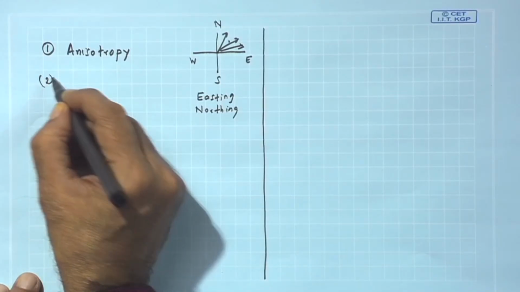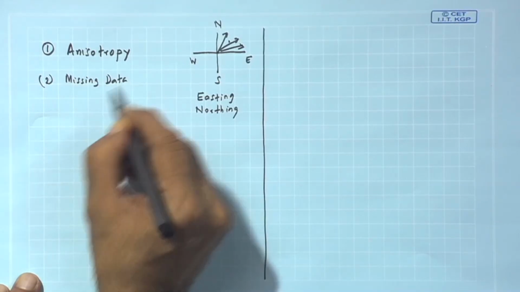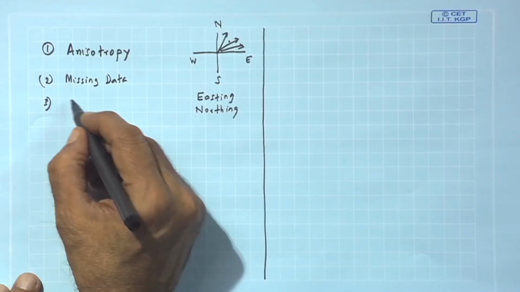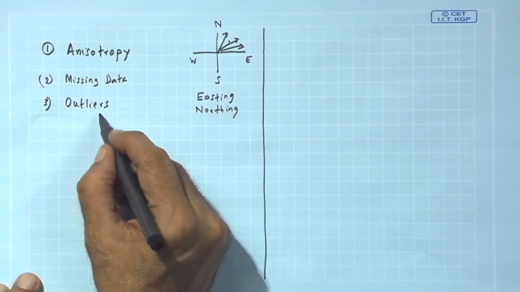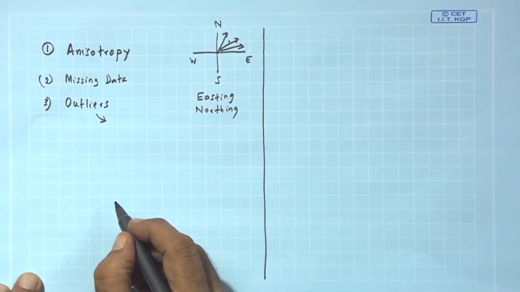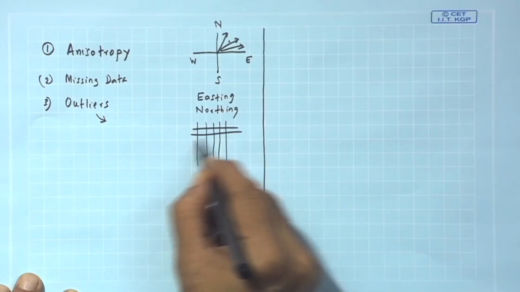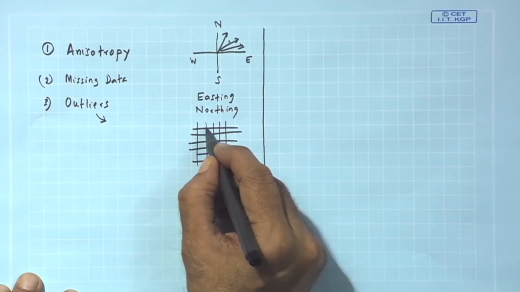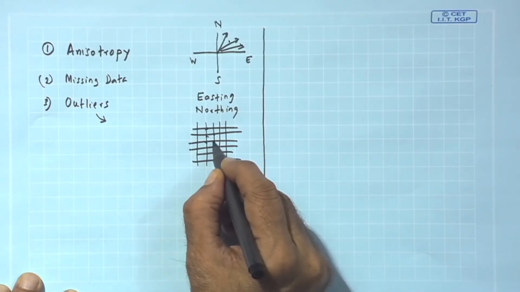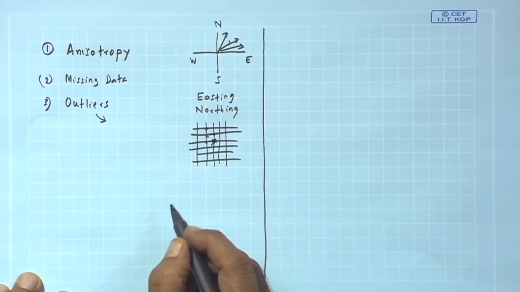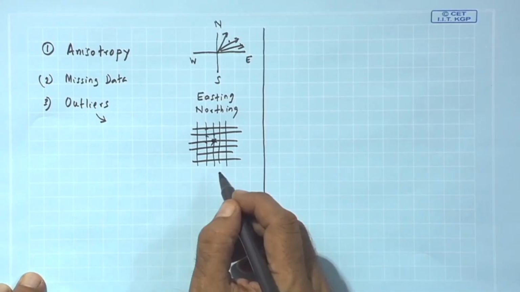There could be missing data, there could be outliers. Outliers are the ones where, in an array of points which are basically represented on these nodes, we might get a situation where a certain value becomes unusually very high or very low compared to the values in the surrounding.